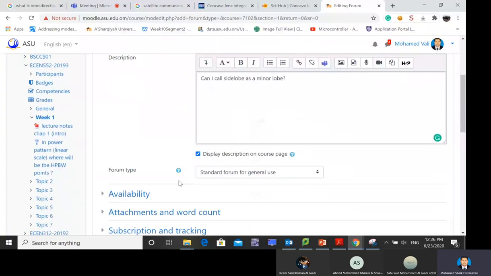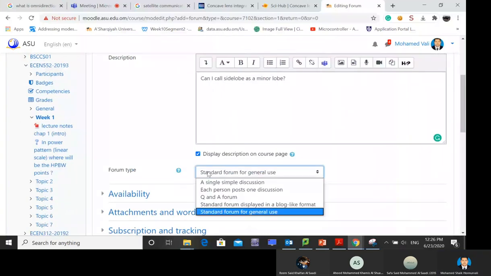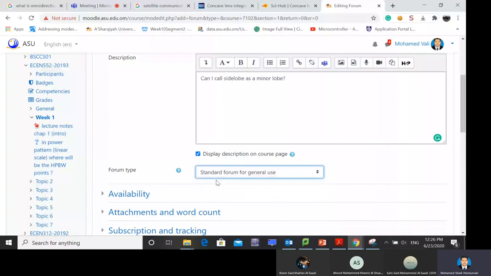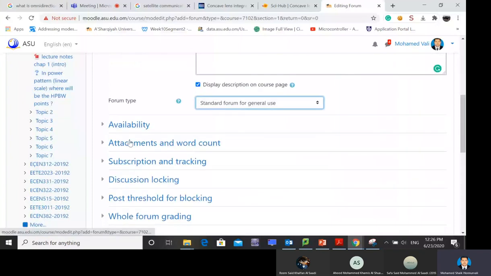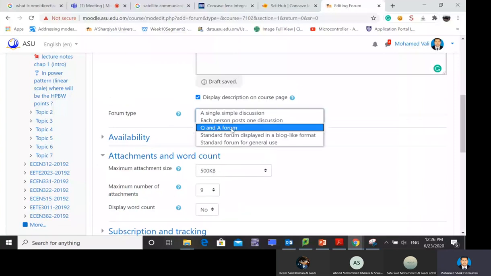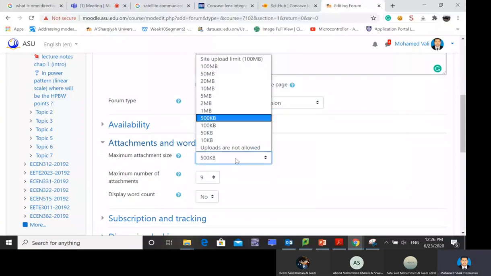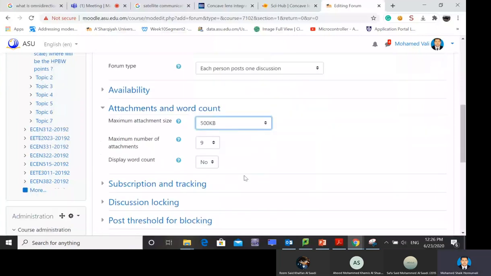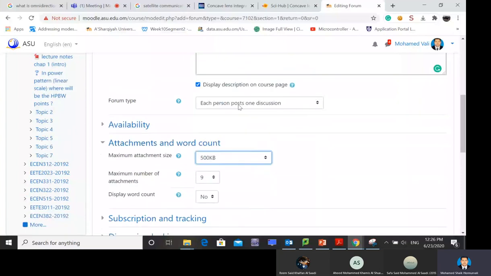Standard, simple. No, I want attachment. I just want a discussion. Post one discussion. Each person post one discussion.